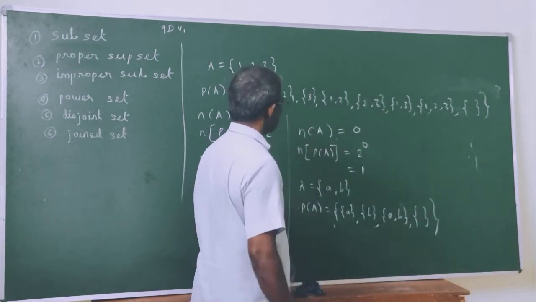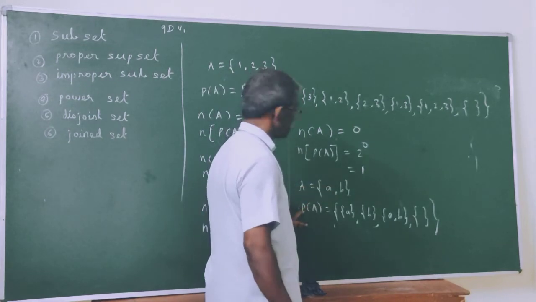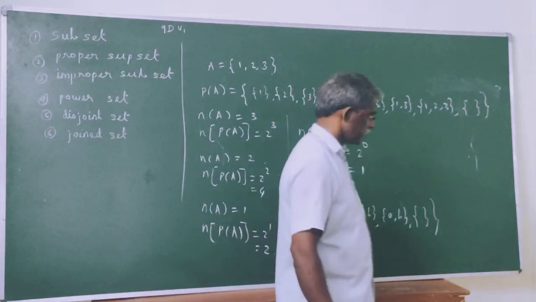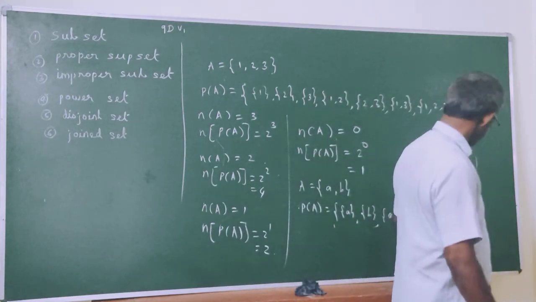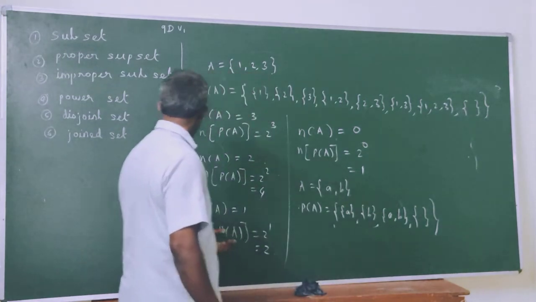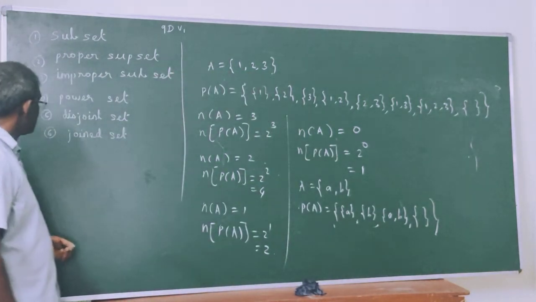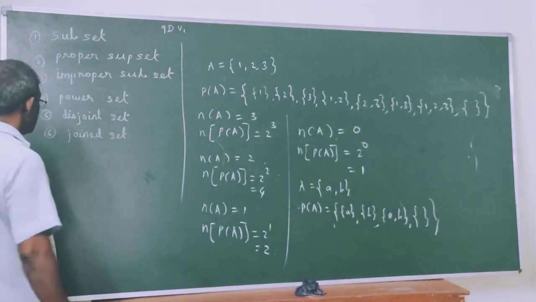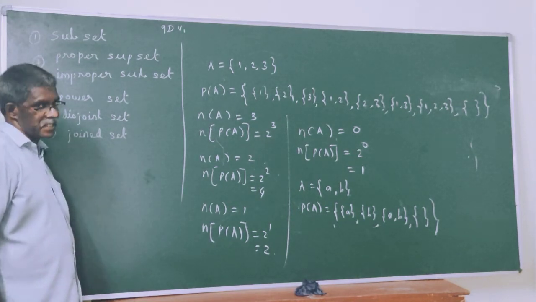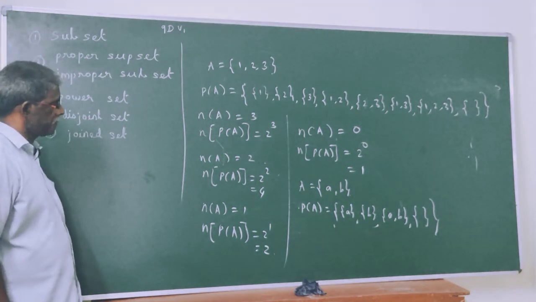This is the power set of A. Here n of A is 2, and n of P of A is equal to 4. So now we understood subset, proper subset, improper subset, and power set. Then we finished the power set.